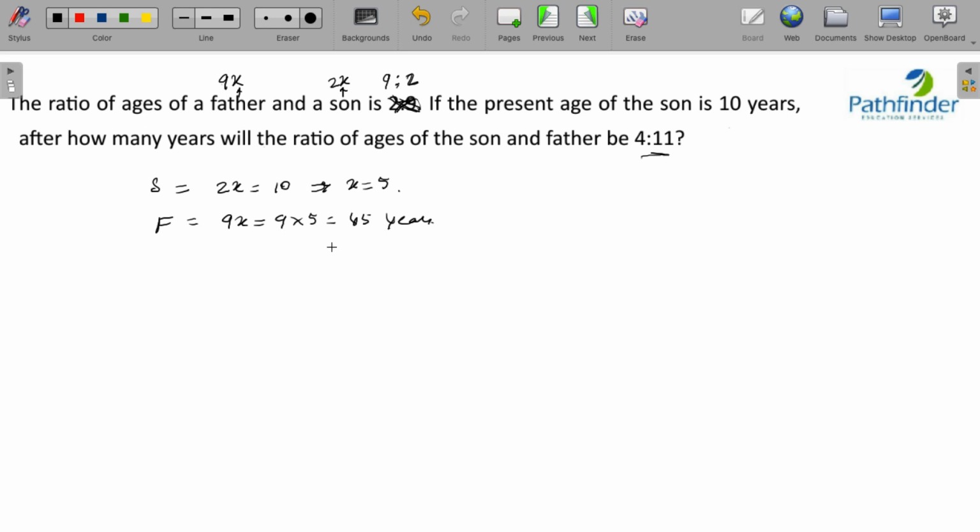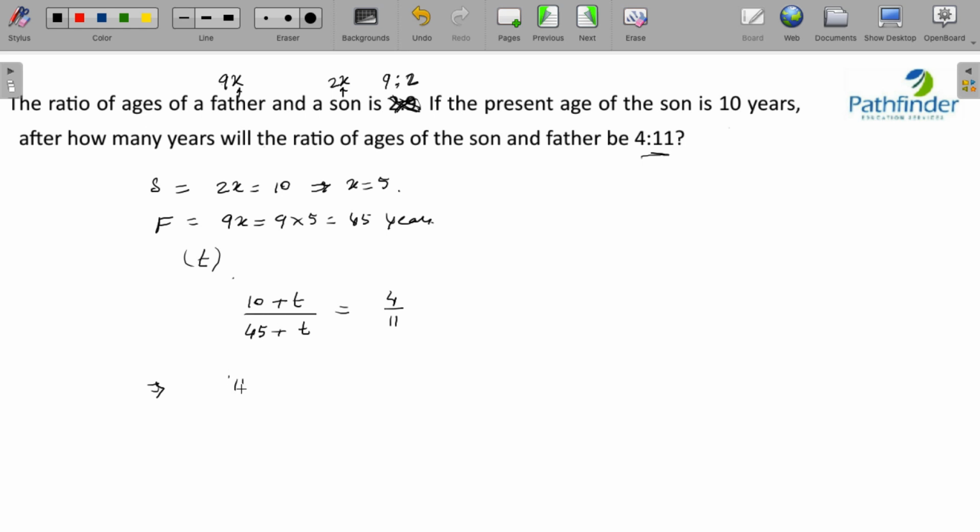Now after how many years will the ratio of ages of son and father be 4:11? So let us say after t years their ages will be in the ratio of 4:11. The age of son after t years is 10 plus t. The age of father after t years is 45 plus t. And their ratio is 4:11.